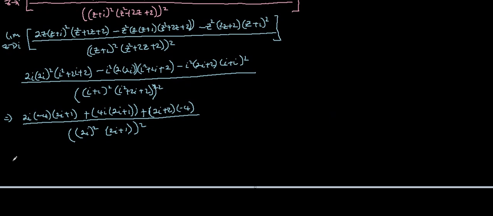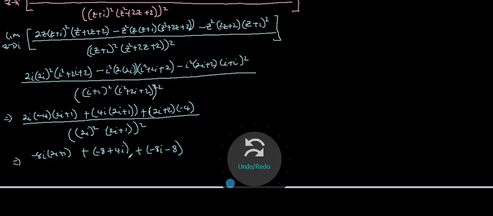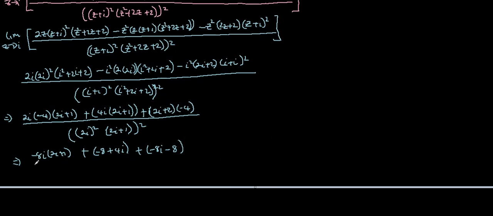So let's evaluate this further. We are going to have minus 8i into (2i plus 1) plus, here we have minus 8 plus 4i, and this is plus minus 8i minus 8 here, and all of this is divided by 16 into (2i plus 1) squared.